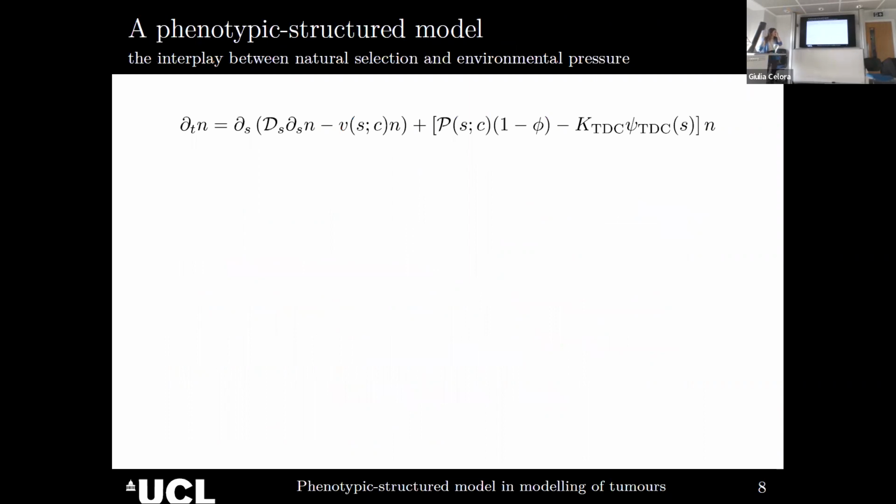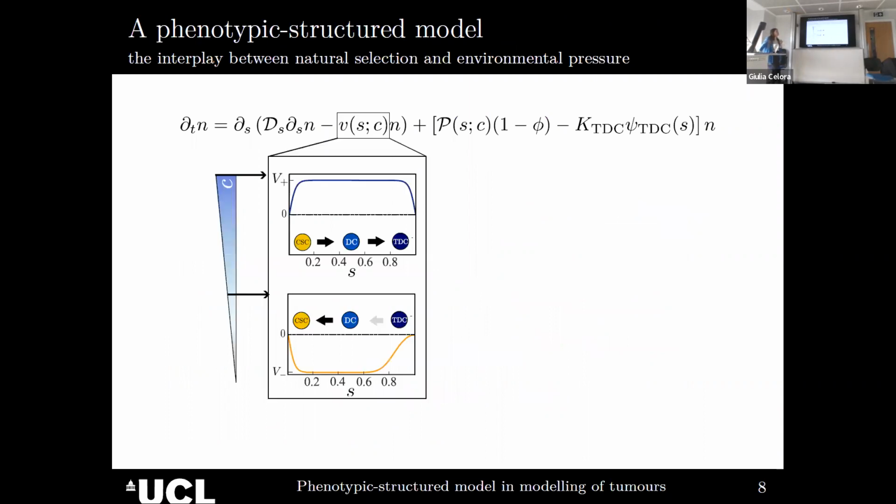So going back to the model a little more in detail, as I said, there is a first term, the advection term, that captures environmental pressure. So in a high oxygen level, as we've seen before, cells tend to differentiate. So we have a positive velocity, so that cells tend to become differentiated.